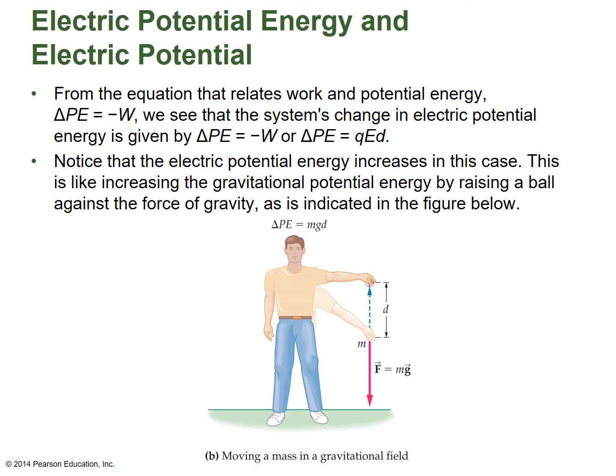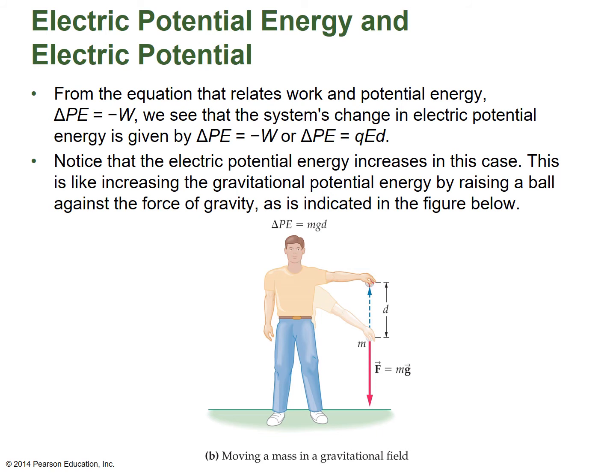If you let the ball fall under the influence of gravity, it will lose potential energy because its height decreases. But if you slowly raise it up against the gravitational field, potential energy will be stored in the ball, and the change in the potential energy will be equivalent to mgd.